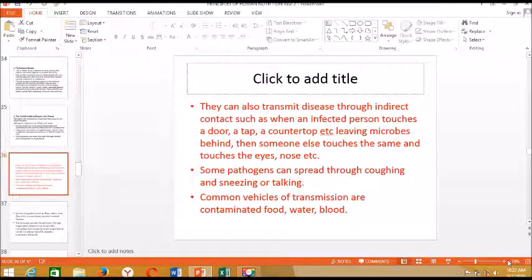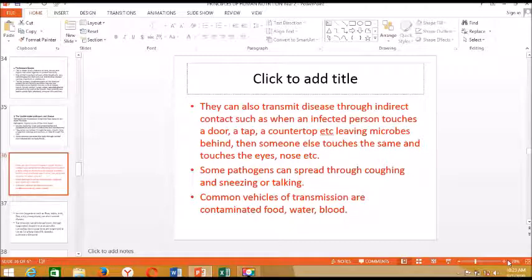We have got a very good example these days of the coronavirus. It's a virus that we are all afraid of these days. And we are being told that the best way to protect ourselves is to wash hands, to be as hygienic as possible.